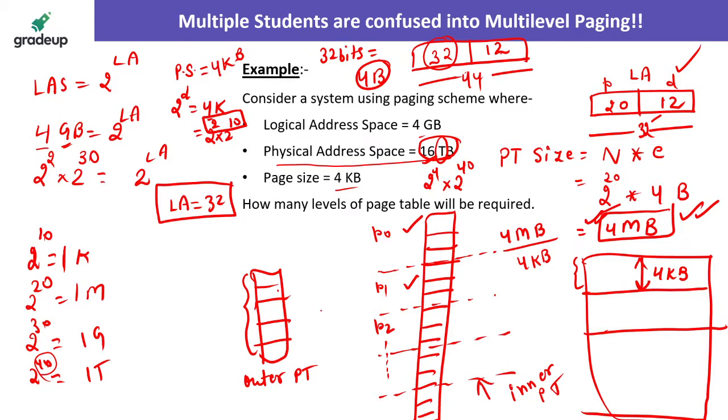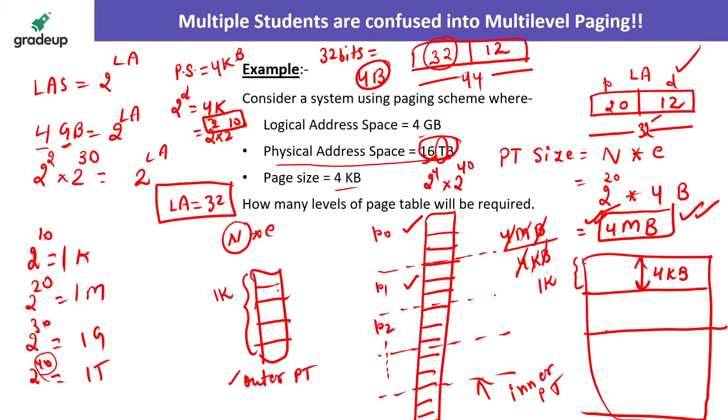Now basically in the outer page table, I am trying to find how many entries I will keep. And please remember, E will be the same. So if you see, 4 and 4 cancel and it will be 1K. So here how many entries will be there? 1K. So basically I am trying to find the outer page table size.